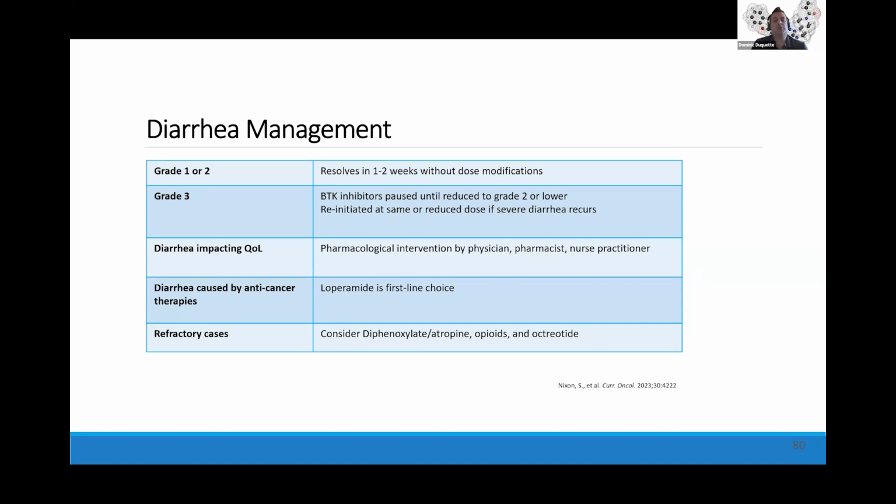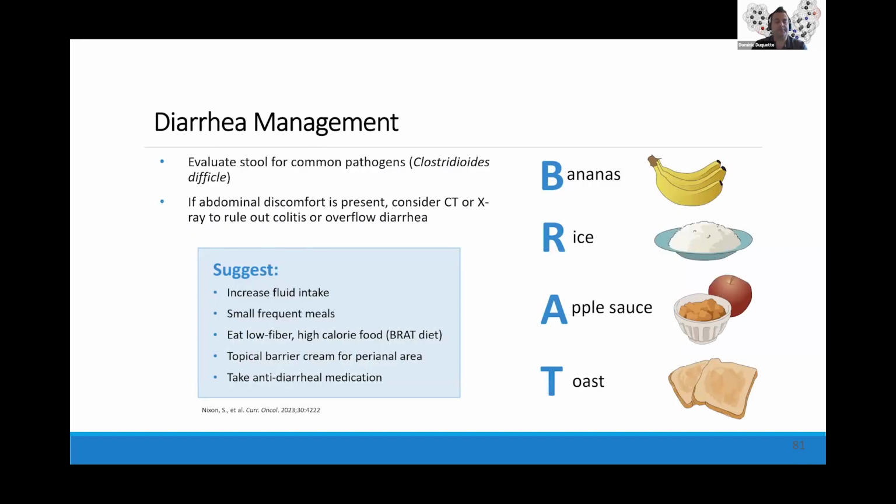Grade 3, you should try to pause and resume as soon as it's possible. So as soon as you get to a grade 2 event, you should reinitiate at the same dose. If it reoccurs, then you should try a reduced dosage for that. And there are therapies. Loperamide is the first choice, of course, for this.